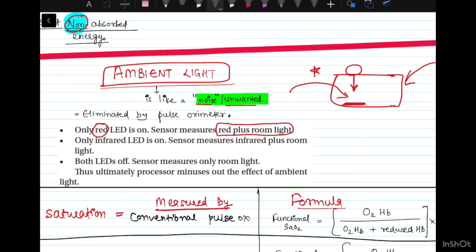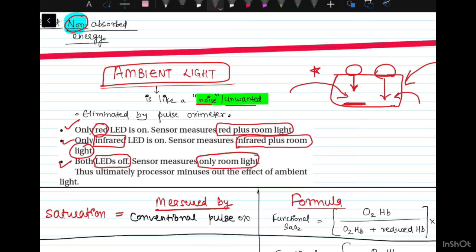Second time, because of the frequency, it is alternating the lights. First it will show the red light, then it will show the infrared. Now when the infrared is on, obviously this infrared along with the room light, infrared plus the room light will be recorded, and then both the LEDs are off.